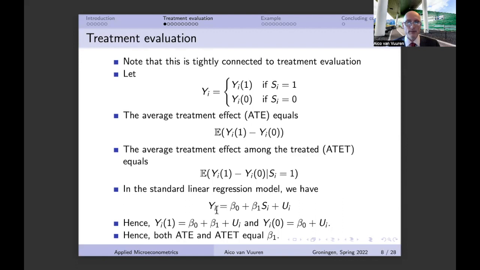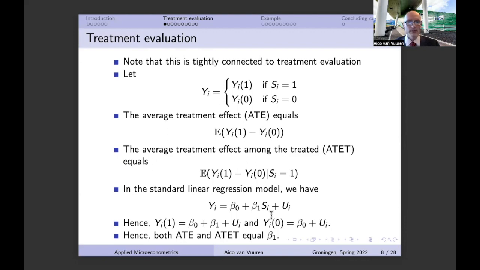Based on this, it is not that difficult to see that there are two potential outcomes for every individual. Either your S is equal to 1 or your S is equal to 0. And that is of course related to the YI1 and YI0 that we have over here. So YI1 is now equal to beta 0 plus beta 1 plus UI, simply substituting SI equal to 1 in the right hand side of this equation. And in addition to that, we have YI0 is equal to beta 0 plus UI.